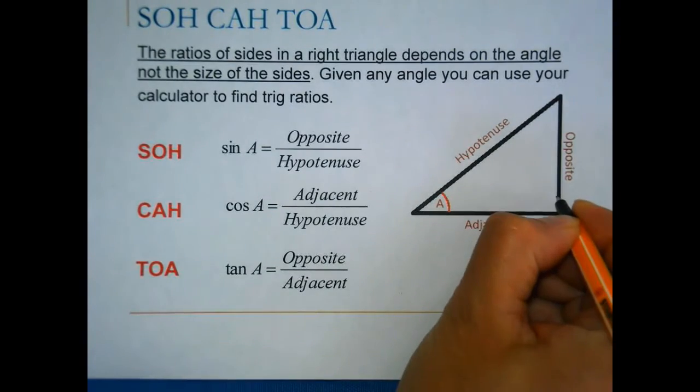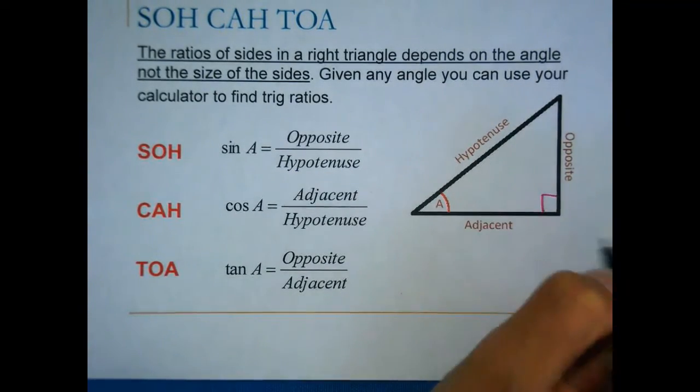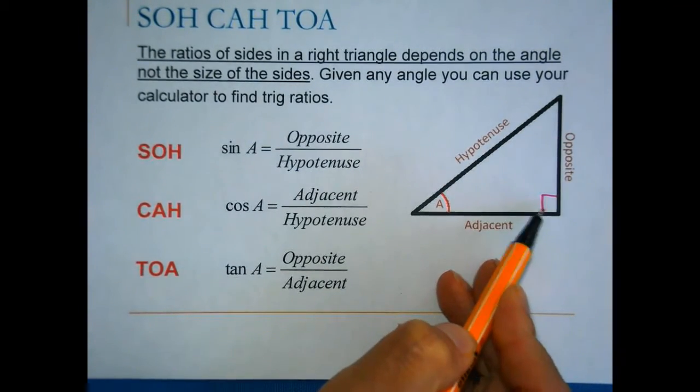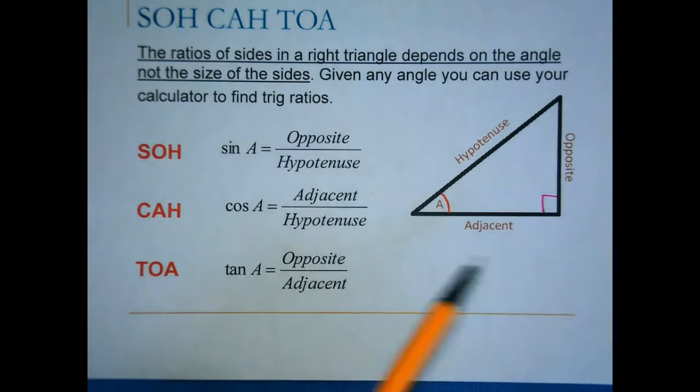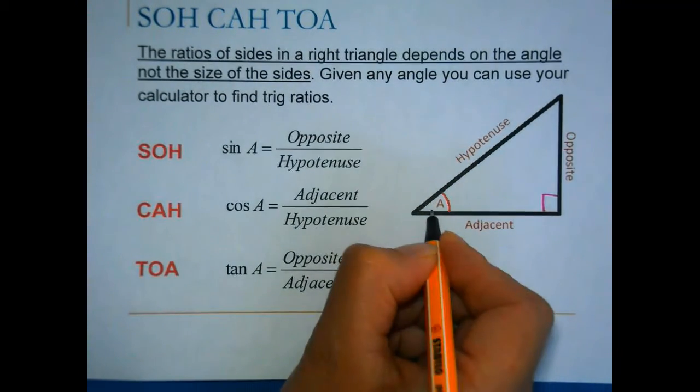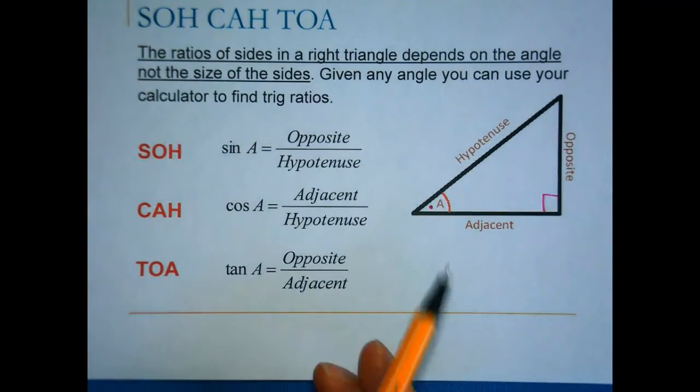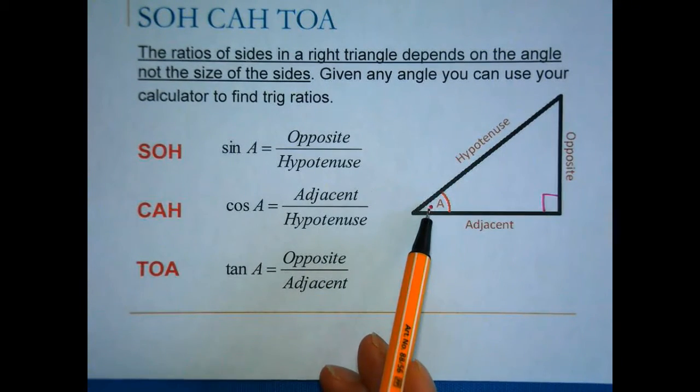Now, if we have a right triangle, one where one angle is 90 degrees, we talked about the fact that we can label the sides with respect to a given angle.